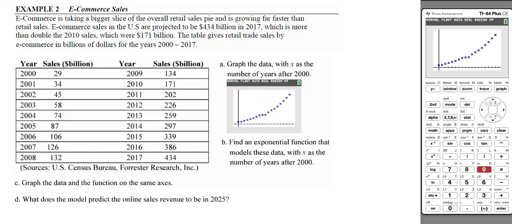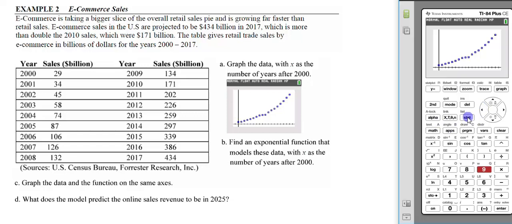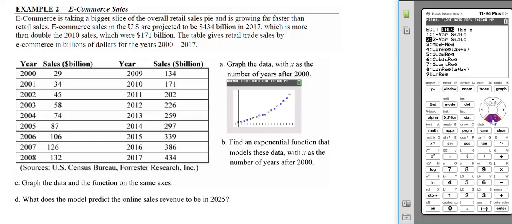Now let's find an exponential function that models this data, with x representing the number of years after 2000. So we'll go to stat and calculate, go down to exponential regression.